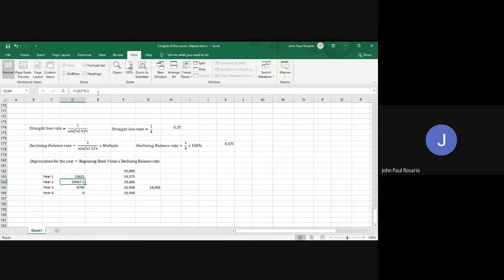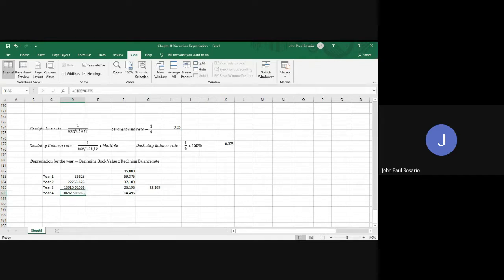Then this one, plus this one times 0.375.